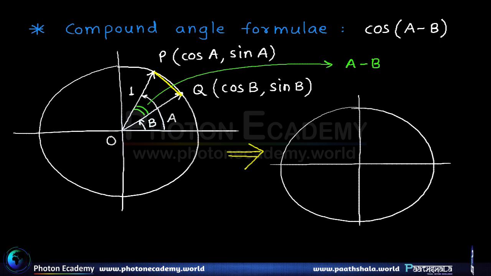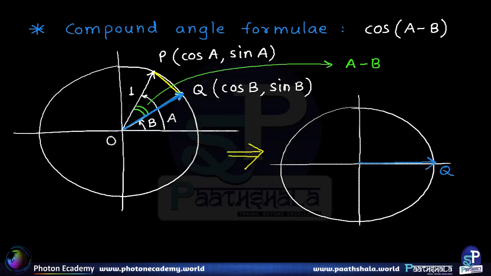OQ was present here making an angle B, so now OQ will be present here and OP will be present here, because P and Q both would have moved down.